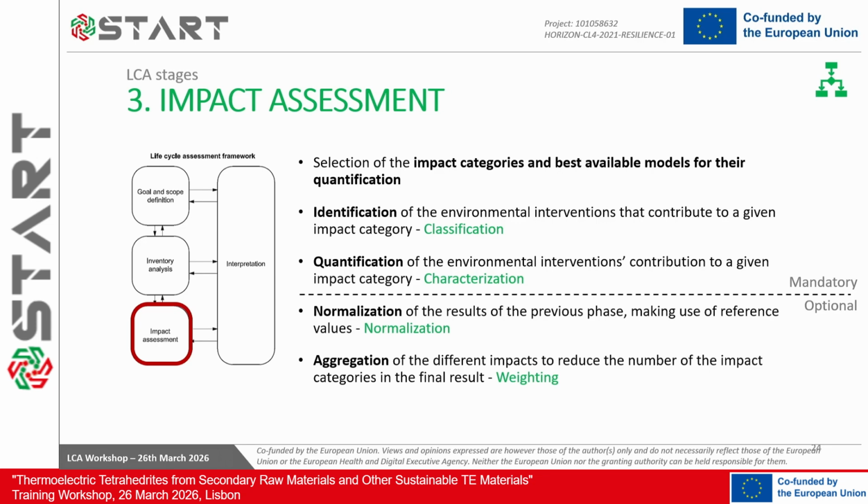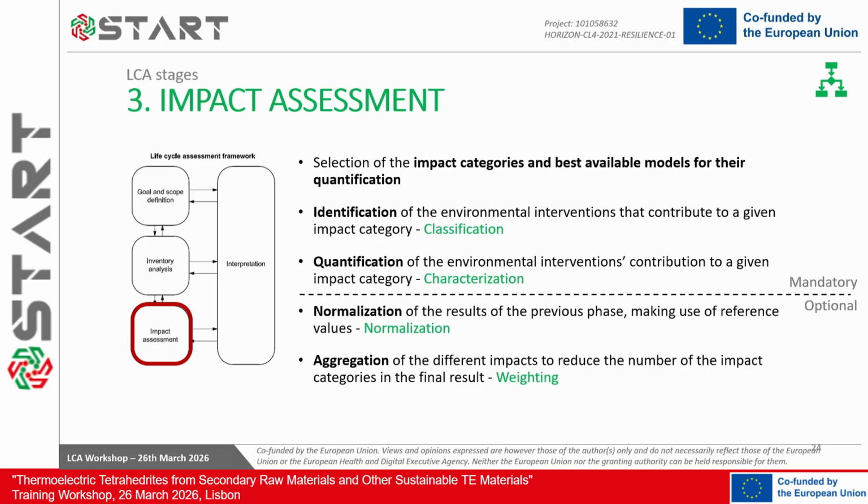At this stage we need to classify, to organize, to attribute the environmental manifestations to categories. Then the second part, which is characterization, is about quantification. So now we have defined the categories and we have to quantify each category.